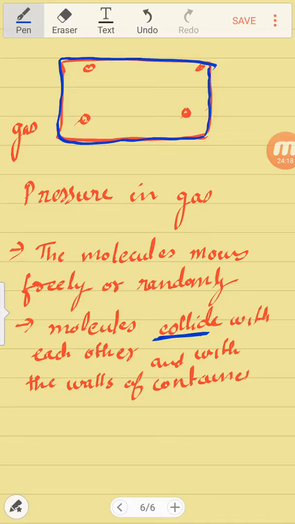Then afterward, what happens when it collides?